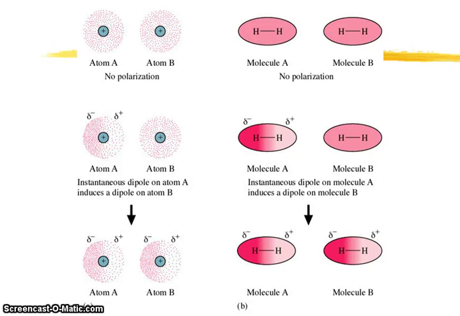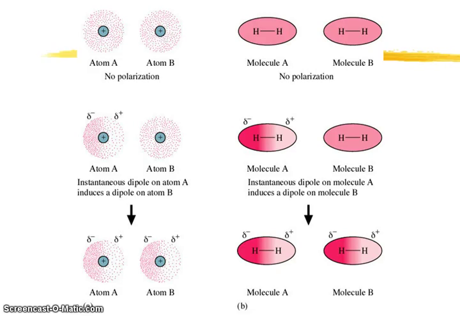If we look over on the right-hand side, we're looking at the same general idea, except this time we're looking at a molecule. We're looking at a diatomic molecule, hydrogen. And up along the top, molecule A and molecule B have an even distribution of electrons, and there's no attractive force between those two molecules. But again, let's say that for an instant in time, the electrons in hydrogen on the left-hand side are not distributed evenly.